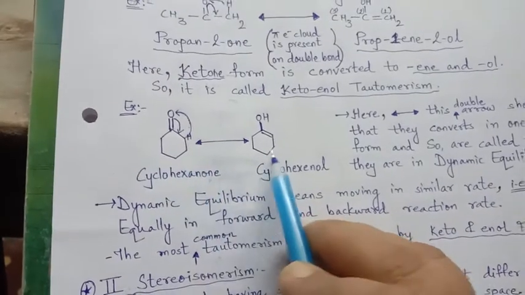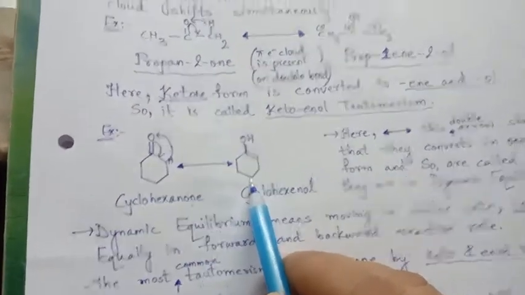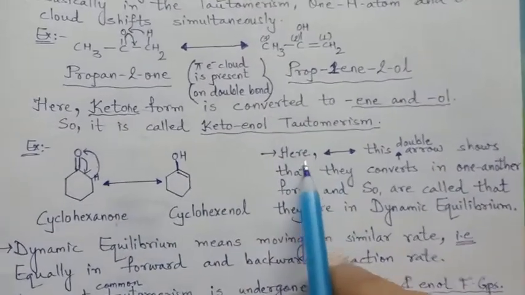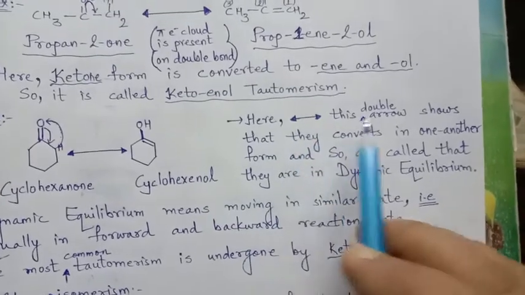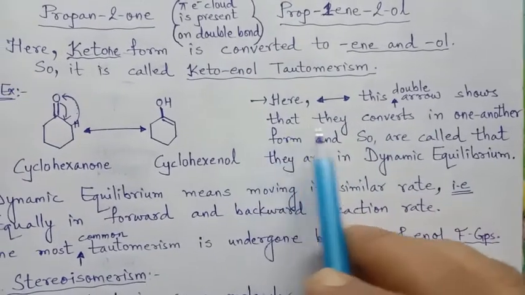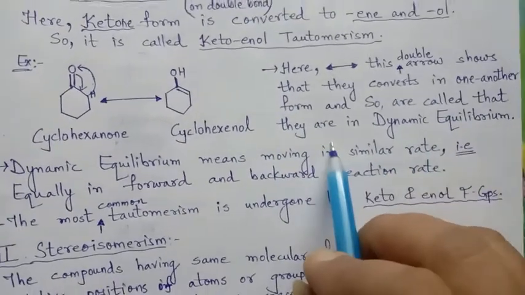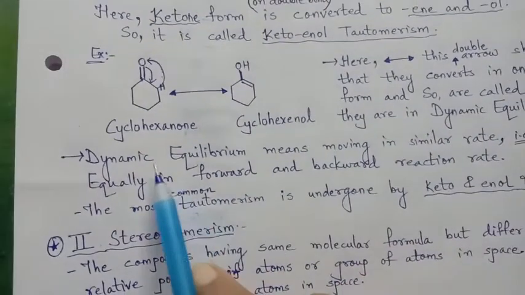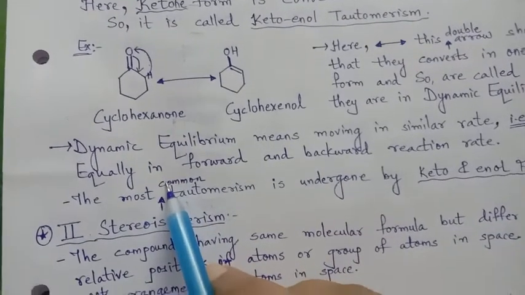They are also in dynamic equilibrium with each other. As I told, what is dynamic equilibrium? Here also I have explained. Here, this double arrow shows that they convert into one another, and so they are called dynamic equilibrium. What is dynamic equilibrium? Just now I explained, and still I have written here, pay attention.